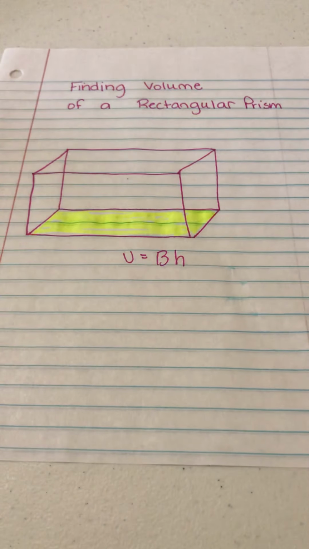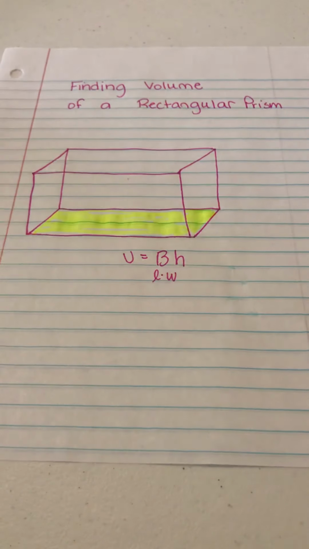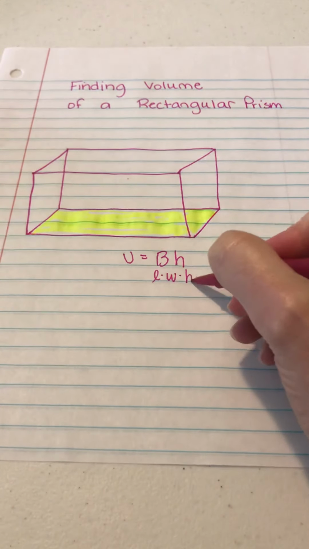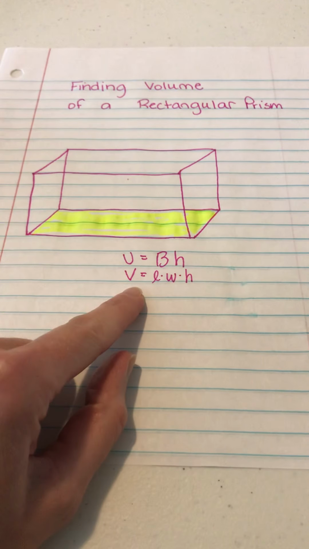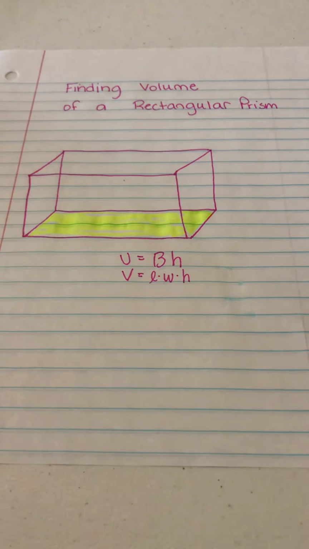Now, in order for us to find the area of that base, which is a rectangle, we would find length times width, which is what we talked about last week, finding the area, and then we would just include times the height. So this is a formula you may be used to seeing, volume equals length times width times height. You can use either one.